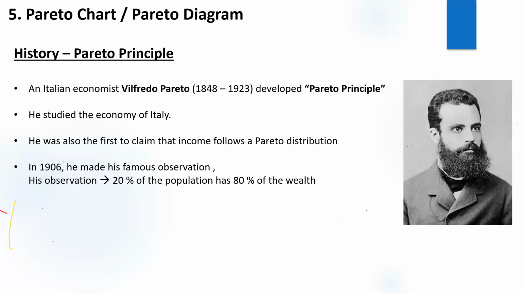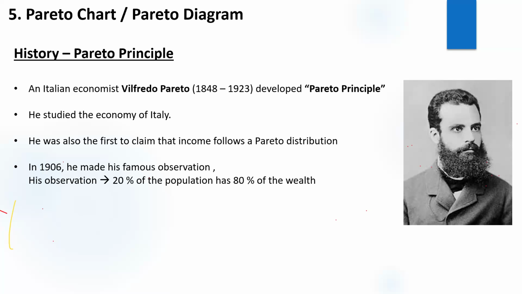As he was an economist, he studied the economy of Italy, and he was also the first to claim that income follows a Pareto distribution. What that Pareto distribution is will be explained in point number 4. In 1906, he made his famous observation, which is called the Pareto principle.